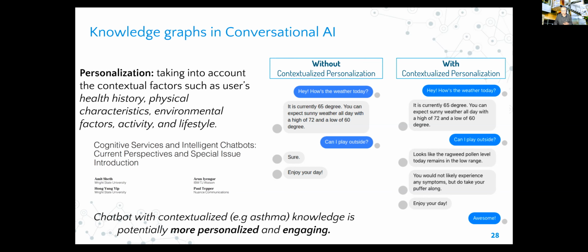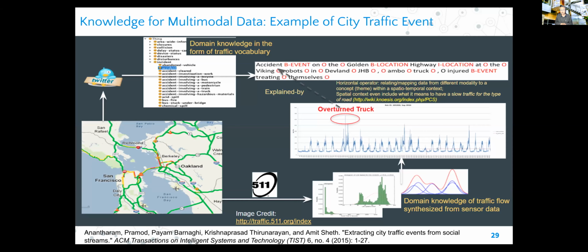Then let's see, here's another very interesting example. On the right hand side, you see the speed on a road network through sensor data, a road sensor network. And on the left hand side, you see the tweets that are coming in, and I want to be able to connect these two modalities so that I can use Twitter to explain why the traffic might be slow for this particular time.